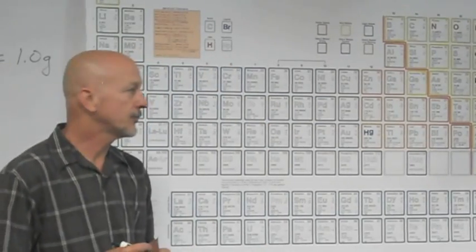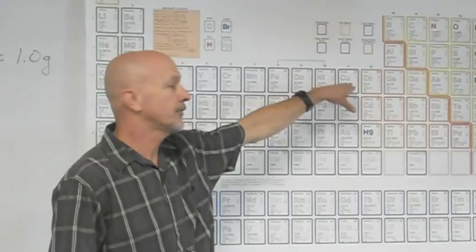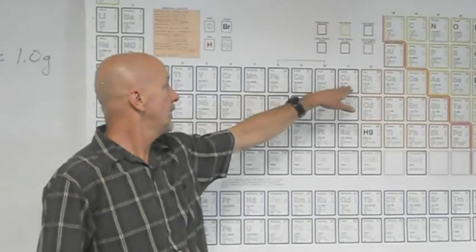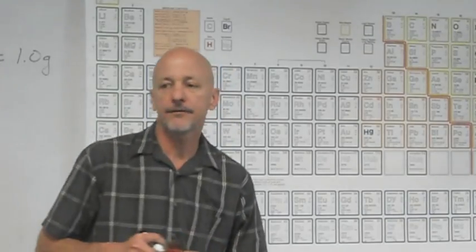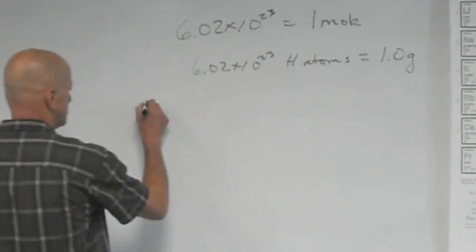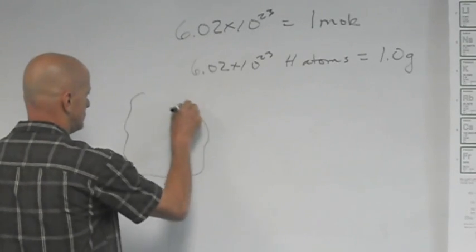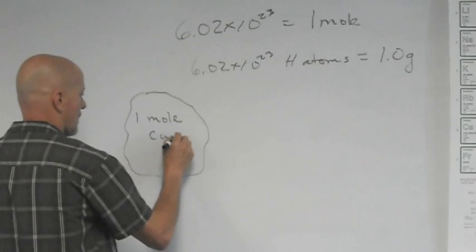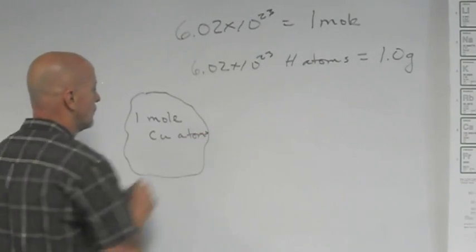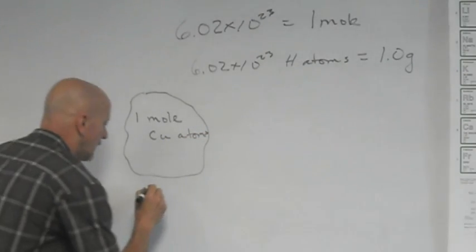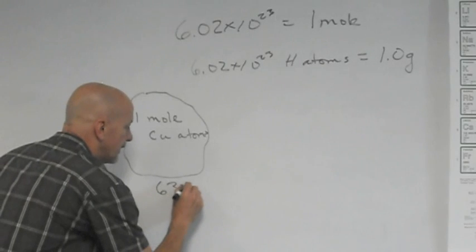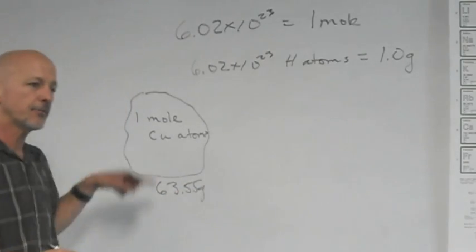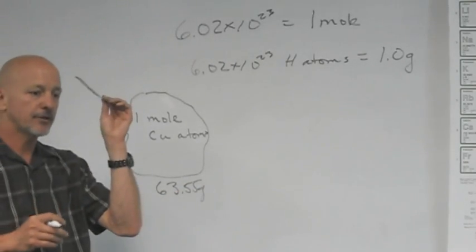And I know the mass of 1 mole of copper, 6.02 times 10 to the 23rd copper atoms, 1 mole has a mass of 63.55 grams. One mole of copper atoms has a mass of 63.55 grams. Now I have a reference point that I can use to count the atoms in this sample.